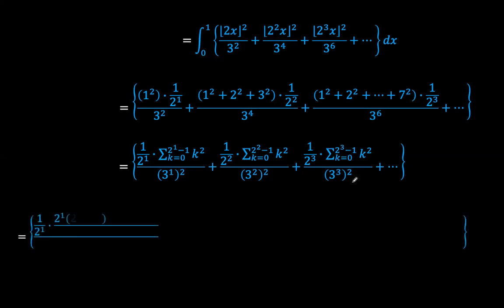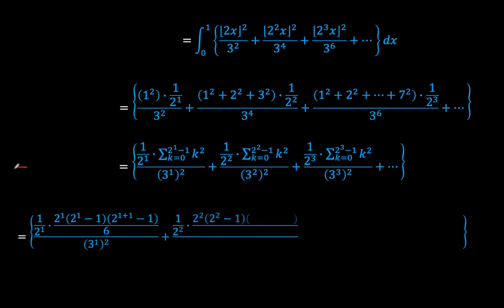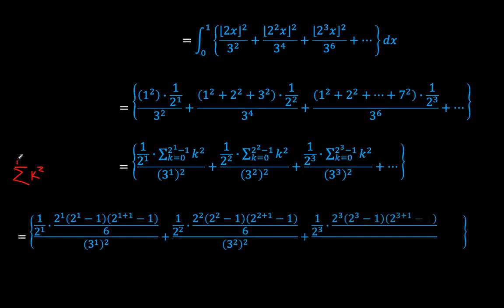And then since we know that when you're summing up k squared up to n, this is the same as n over 6 times n plus 1 times 2n plus 1, right?